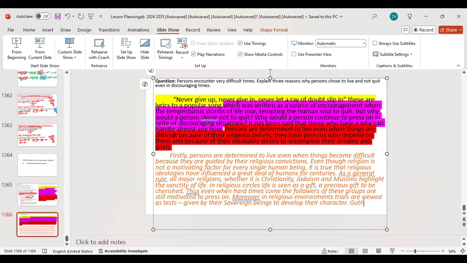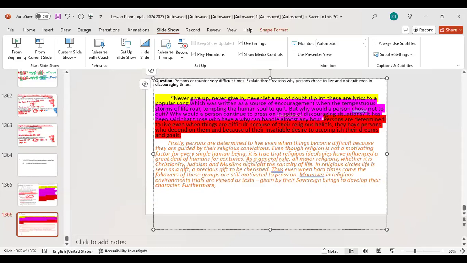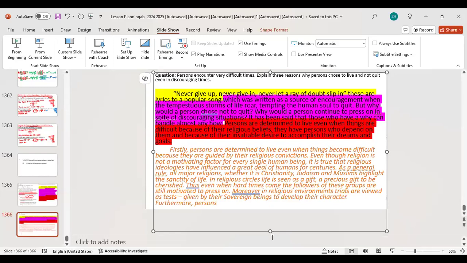Furthermore, persons with religious beliefs, if you are a religious person, you have to have hope, or faith, that things will be better, and that would motivate you to press on even when difficult times come.